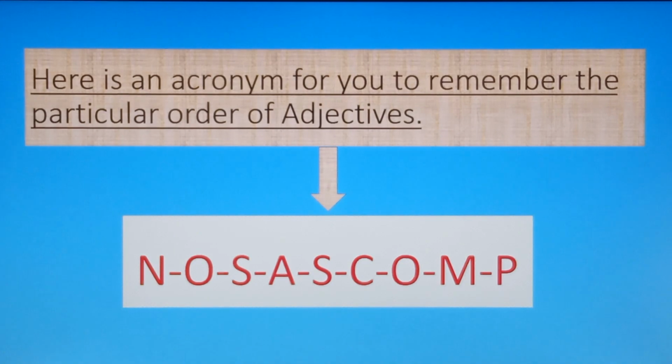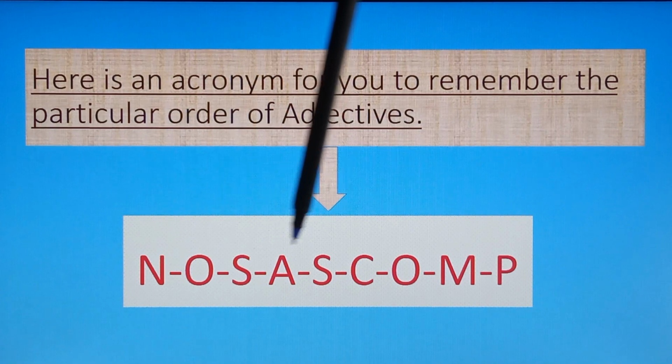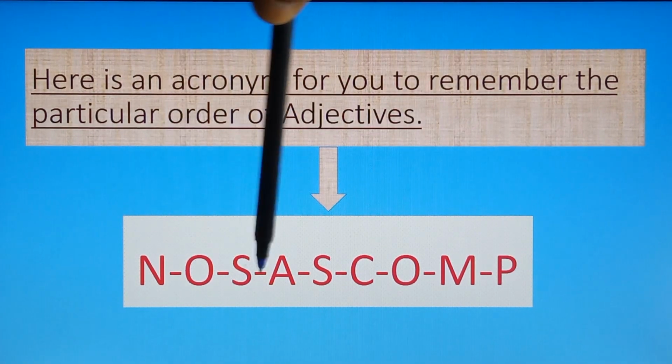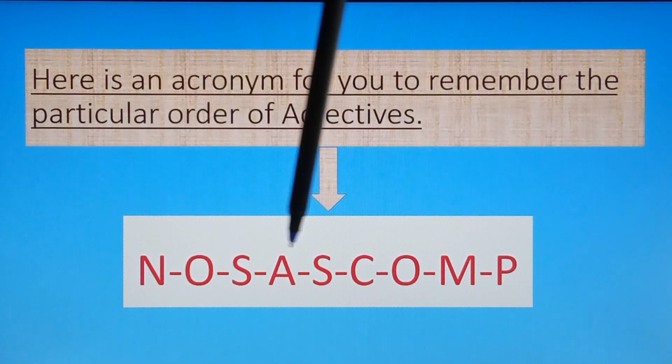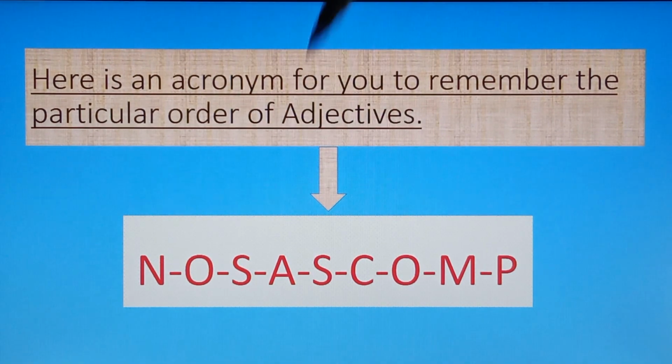Now see which is the particular order of adjectives. Here is an acronym I am giving, that is NOSASCOM. We have to remember this short form, NOSASCOM. If you remember this one, then you can put the adjectives easily.